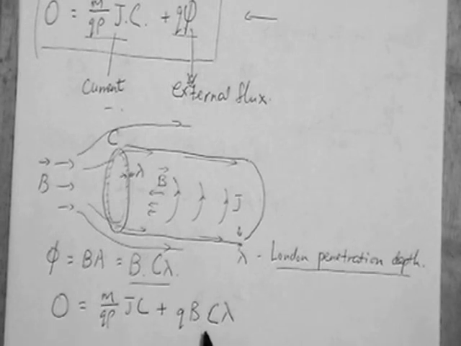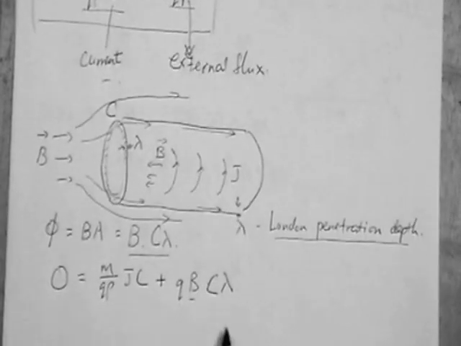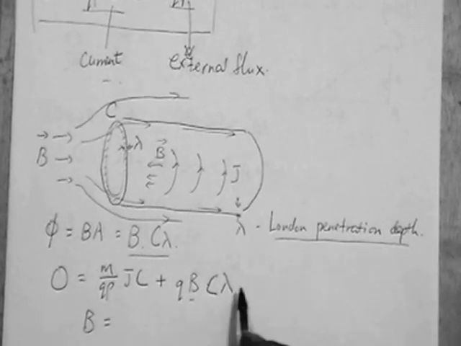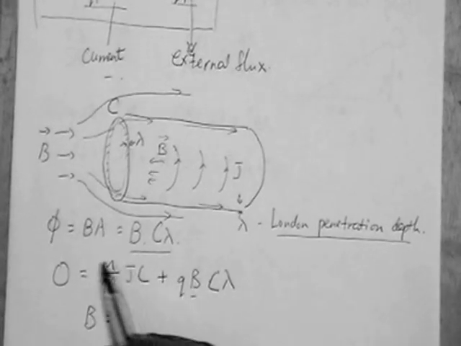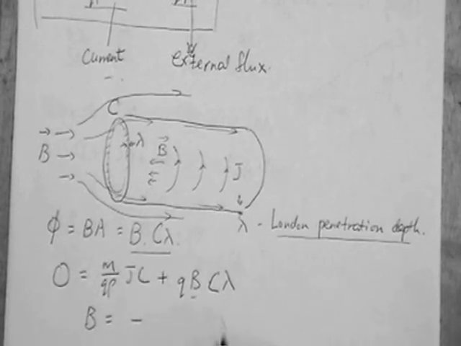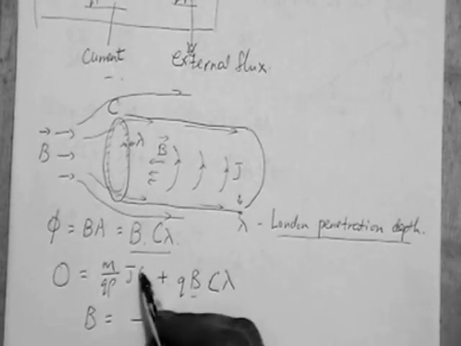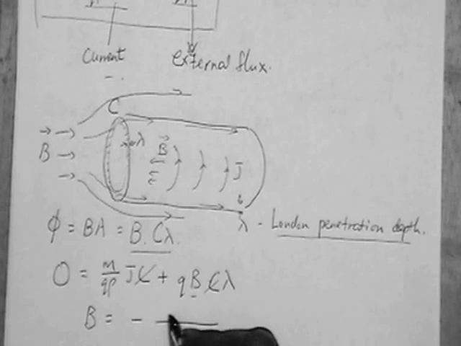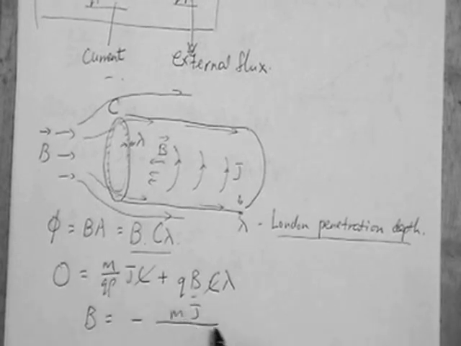If I now make B the subject, I'll get B is equal to, right, I would move that over, so that there's a minus sign. I would cancel the C, which is a common factor, and I would get mj on top.